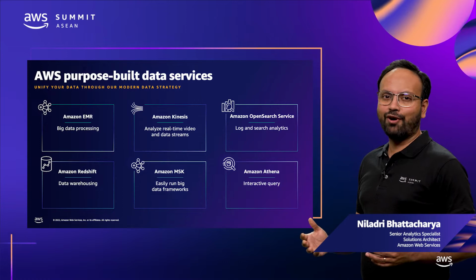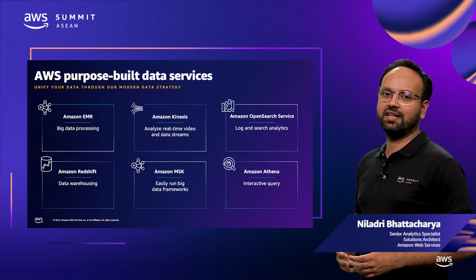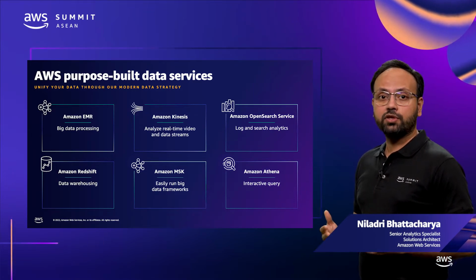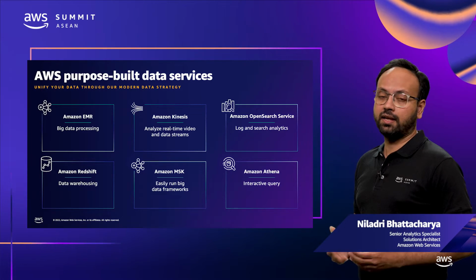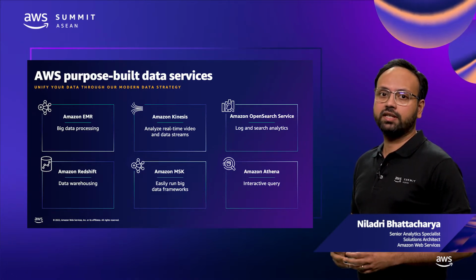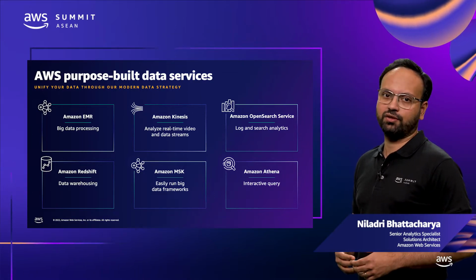AWS offers the broadest set of purpose-built analytics services that seamlessly work with data lakes built on S3, like Amazon Redshift for data warehousing, Amazon EMR for big data analytics, Amazon Kinesis for real-time analytics, and Amazon Athena for interactive and federated query across data stores.